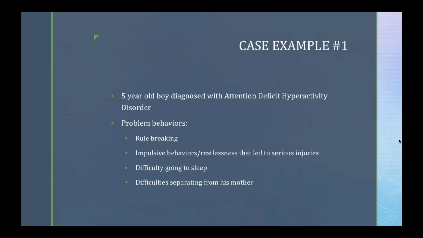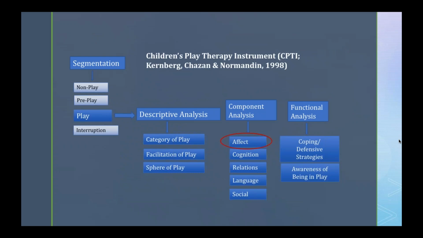But before we start the coding, I'll just show you, on the left part of the slide, you see a scale named segmentation. We code affect regulation in play because we're doing psychodynamic play therapy, and we look at how children express affect in play.